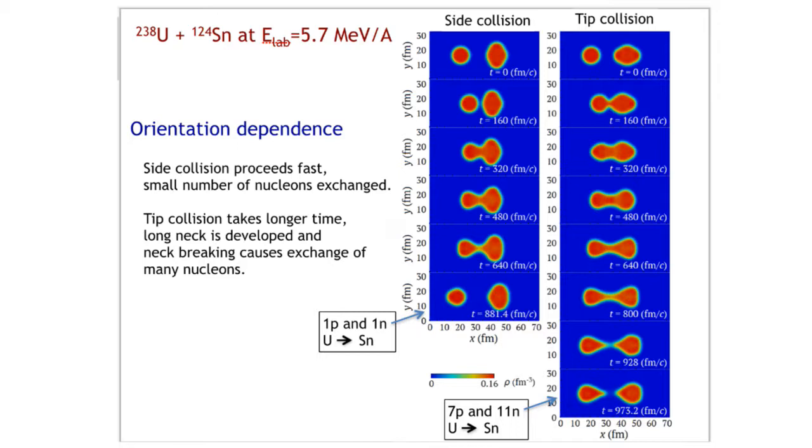Only one proton and one neutron are transferred on average. But for the tip collision, we observe many transfers, 7 protons and 11 neutrons. So actually the number of transferred nucleons depends very much on the orientation in this system.